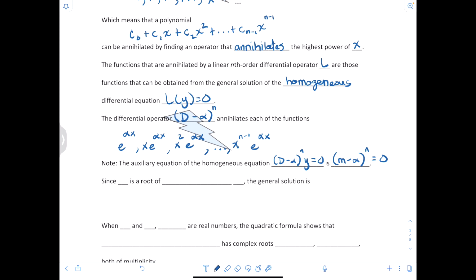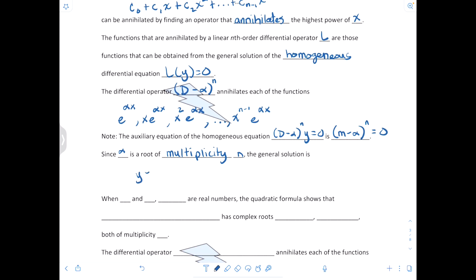Since alpha is a root of multiplicity n, the general solution would be y equals c1 e to the alpha x plus c2 x e to the alpha x, and then plus dot dot dot plus c sub n times x to the n minus 1 times e to the alpha x.